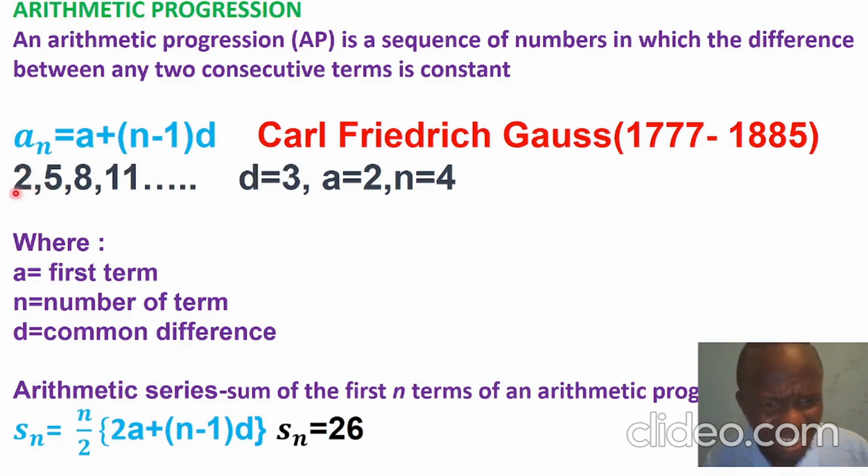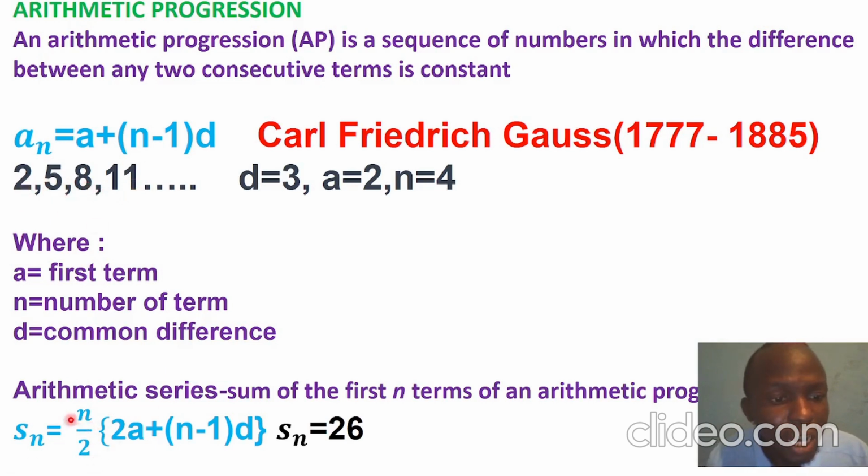Now look at these terms that we've listed here, which are part of the arithmetic progression. There are how many? 1, 2, 3, 4. We have 4 terms there. Let's say we want to get the sum of all these.